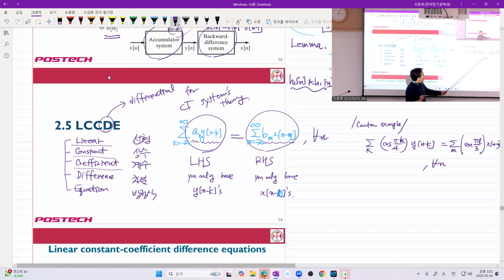However, when you change n, as I told you, what does this mean? You have countably infinite equalities. And when you change the index, does this change? Just a second. Let me see. I'm sorry.